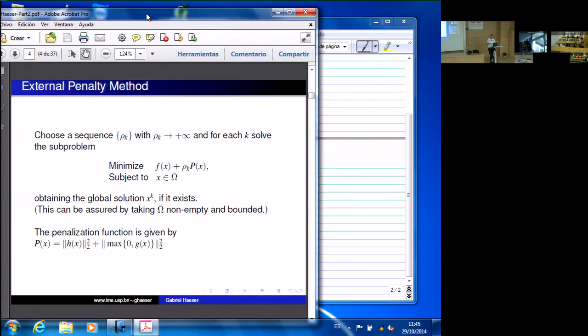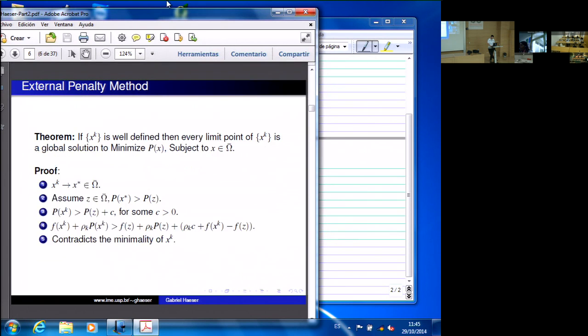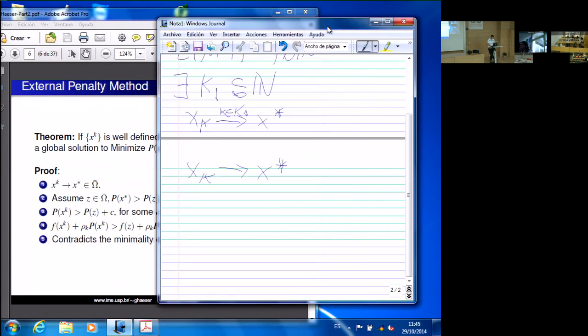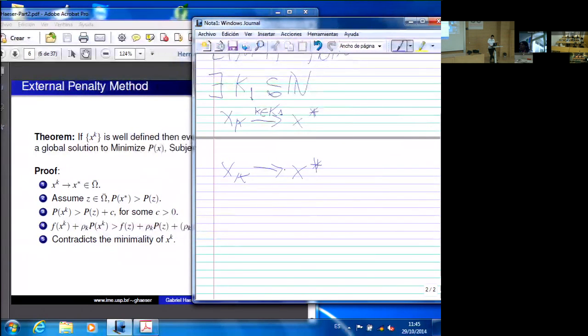But theoretically, you can solve each problem for each k. And so if you rename this sequence, you can get a convergent sequence.